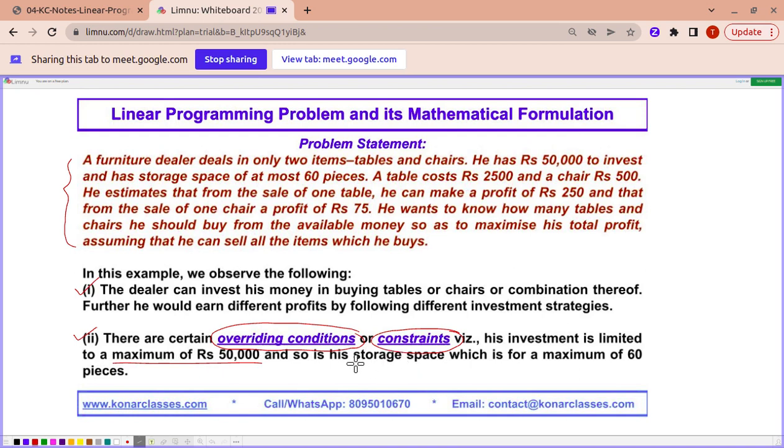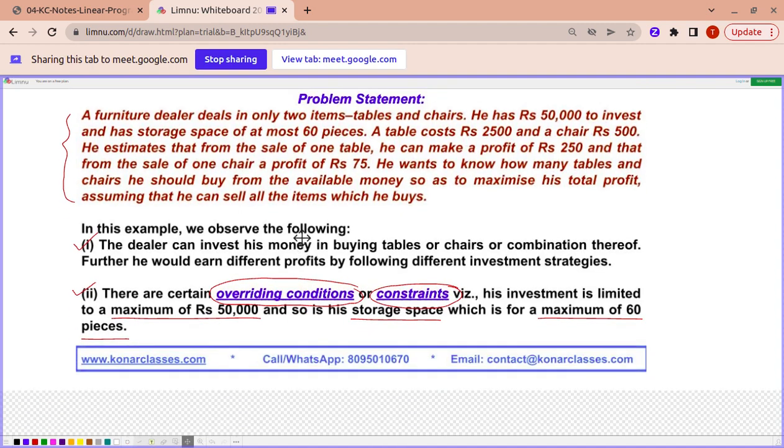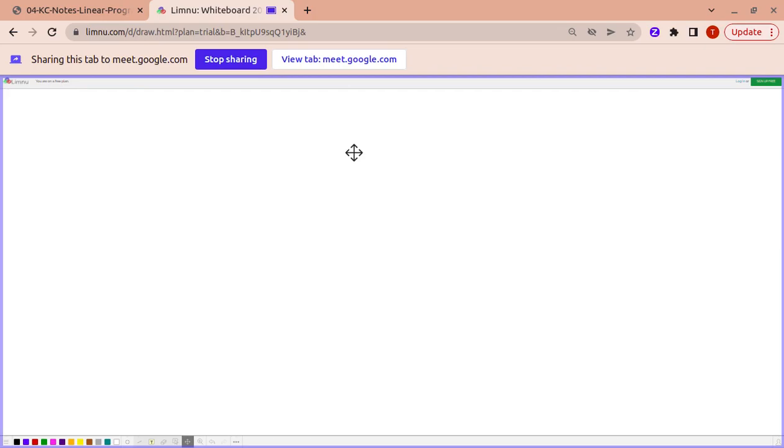The second is the storage space constraint, in which there is a place for a maximum of 60 pieces, including both chairs and tables. So, these are the two constraints. Okay. Let us see how we can solve this problem. Let me go to the next slide, dear students, and then let me explain.